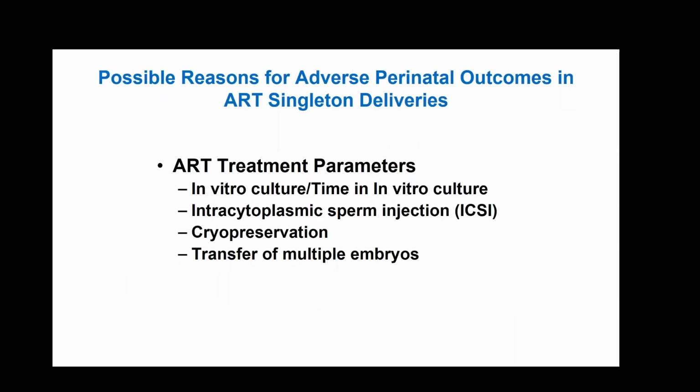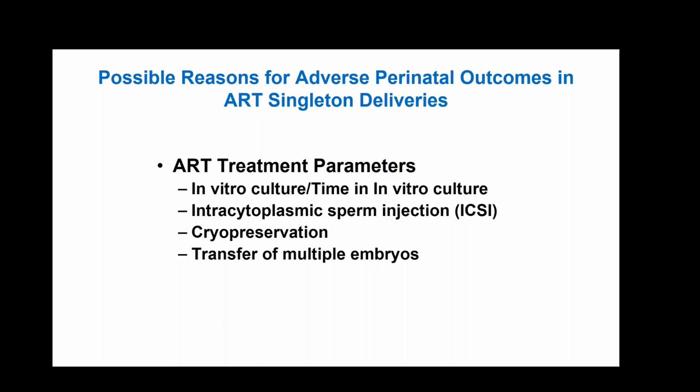With the understanding developing that ART singletons had a higher rate of premature birth and low birth weight babies than spontaneous pregnancies, investigators began to wonder what aspects of ART treatment might contribute to these risks. Candidates for initial consideration included the in vitro culture itself, that is to say, all manipulations of eggs and embryos in vitro, and the fact that these are maintained in culture outside of the body.